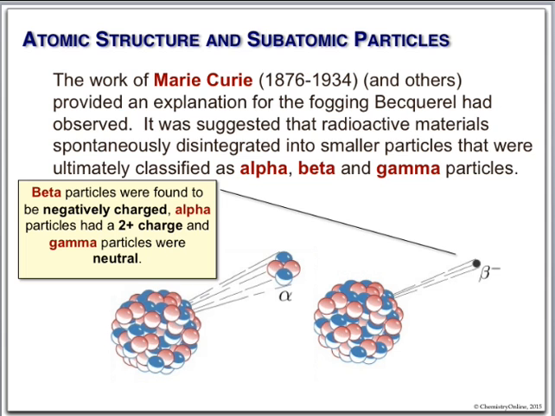When that does that, it has a charge of -1 because it's an electron. And finally, a gamma particle is just a photon. It's super, super high energy light. And because it's high energy light, it's neutral. It has no charge. So this is what we said. We all remember this: alpha, beta, and gamma.